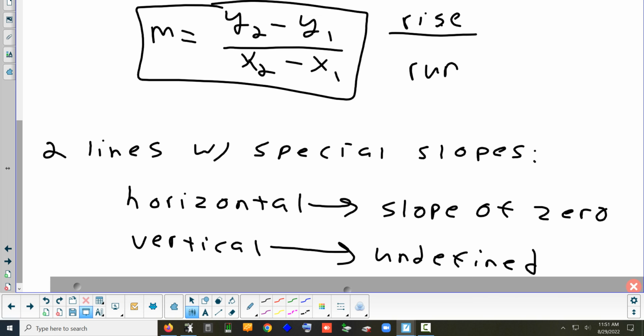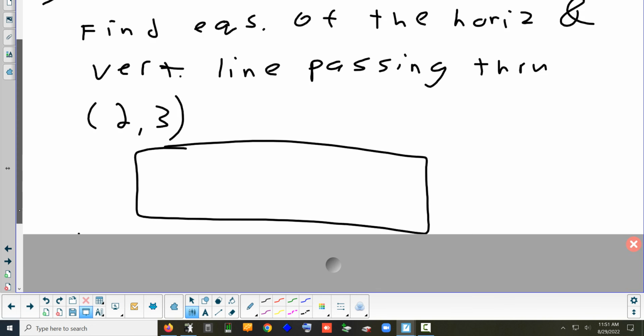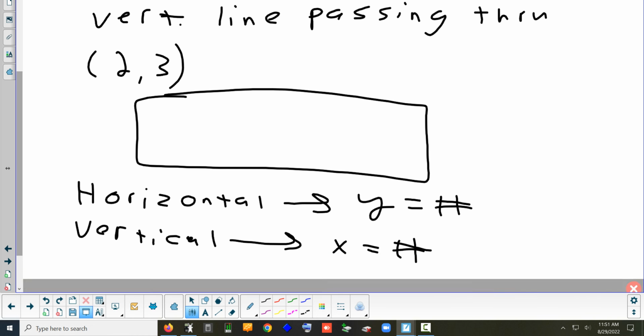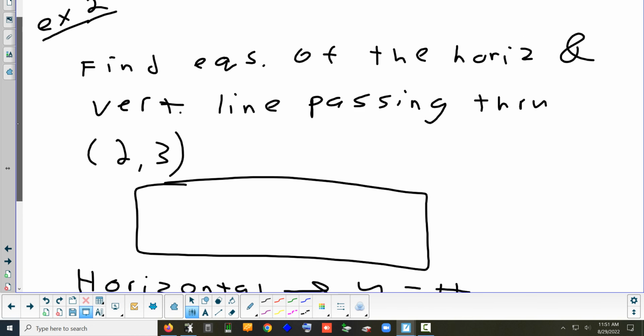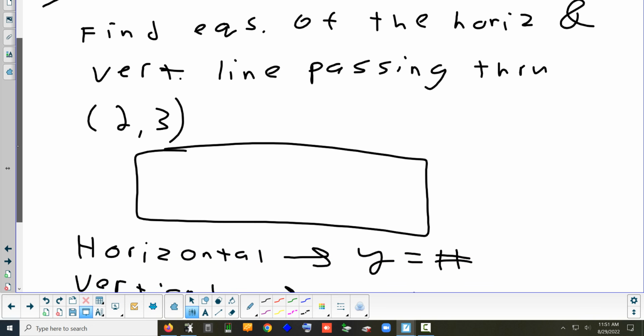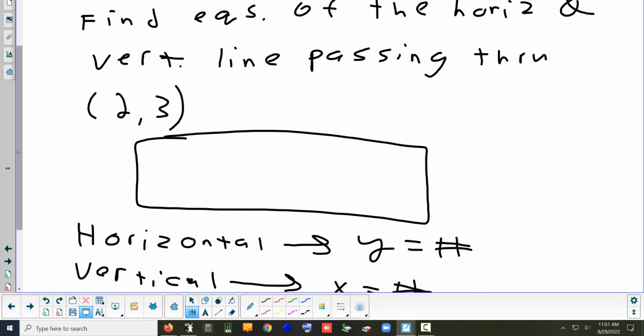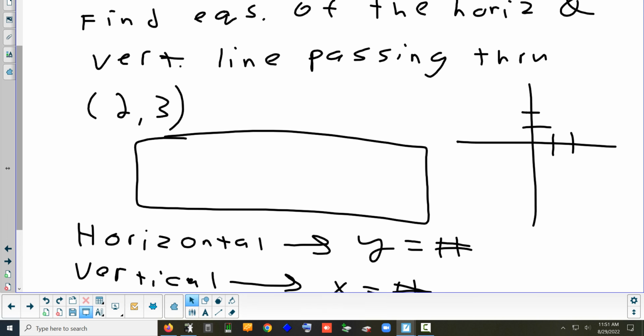These are special cases with slope. They're also special cases in how you write them. These are not y equals mx plus b. One of them is y equals a number. The other one is x equals a number. We've already done a lot of one of them on the graphing calculator when we're doing intersections. So, if I had a point 2, 3, and I wanted to find the equation of the horizontal line that goes through the point 2, 3.